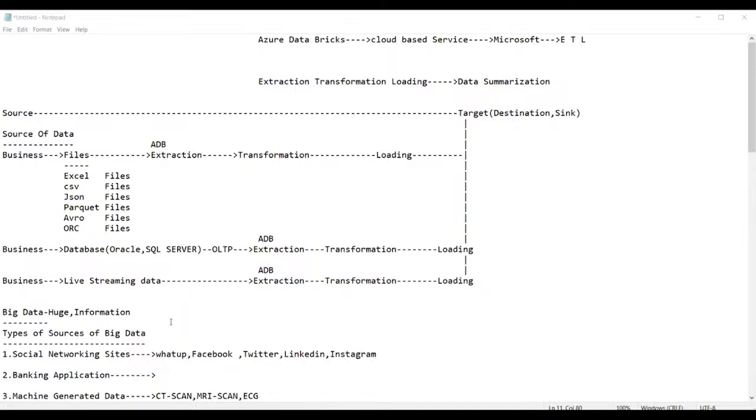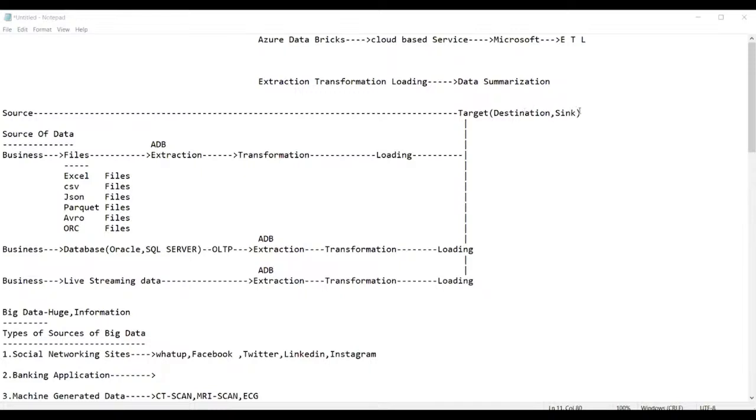Sir, may I know what Synapse is used for? Synapse is totally a visualization process. It is basically called the data warehouse of Azure. All the analysis and data visualization happen from this part.